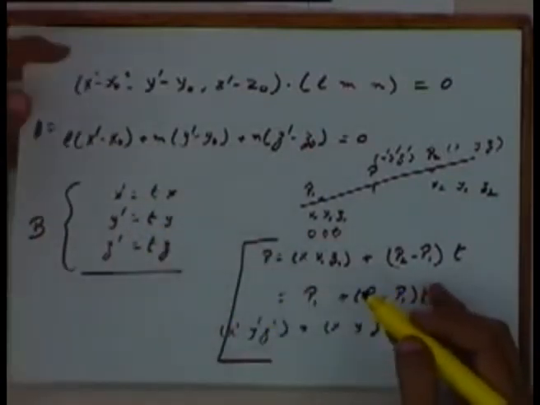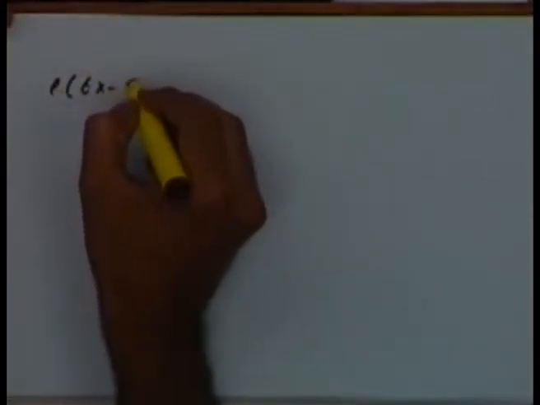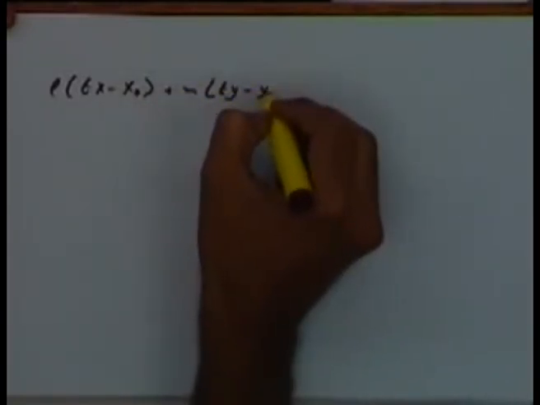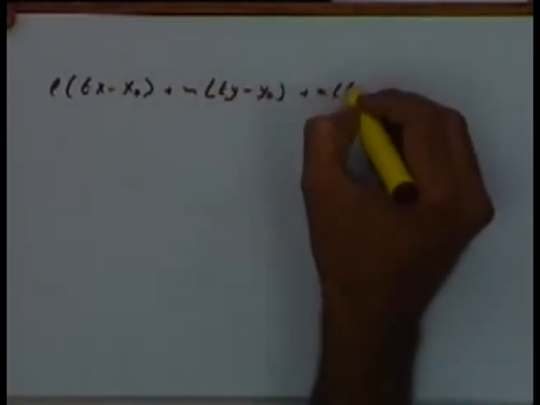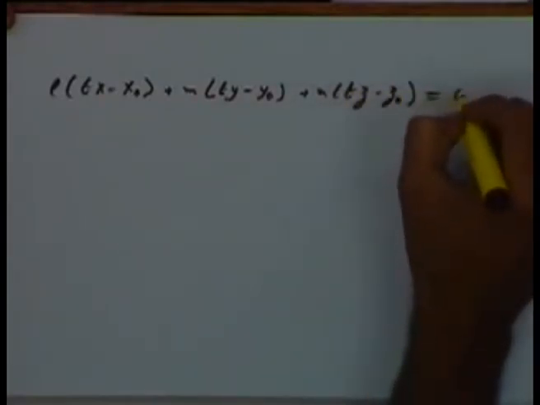If we do that, what we will get is L times tx minus x naught plus m times ty minus y naught plus n times tz minus z naught will be equal to 0.